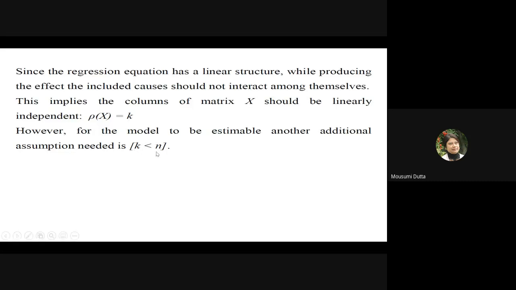This K should be less than N because we need to maintain sufficient degrees of freedom of the model, and degrees of freedom in a K variable model is defined as N minus K. Since it is a new assumption, if anyone has any query or could not take note of certain facts, please tell me, I'll repeat the things.